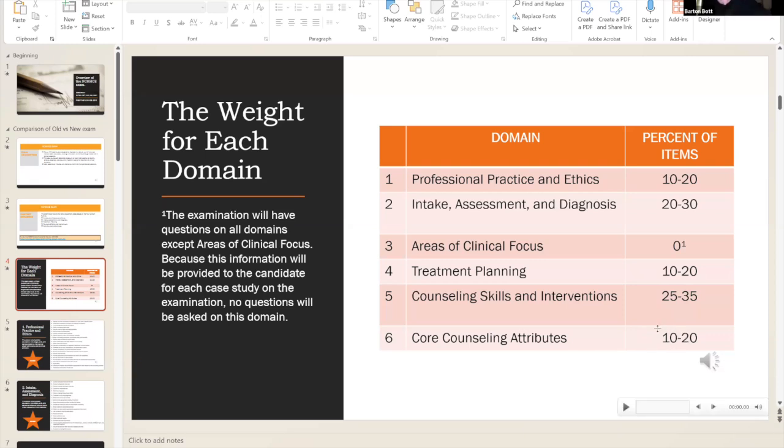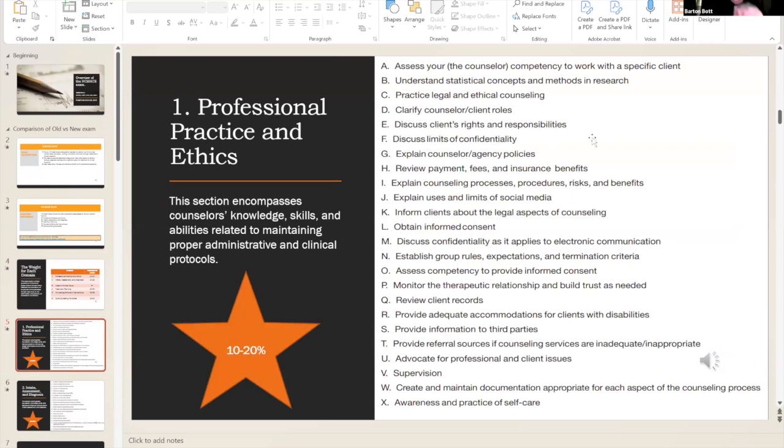The actual level of knowledge requirements associated with each domain are as follows. In domain one, now we're not going to read all of them, but just give you an example. It's professional practice and ethics. What they're looking at is a clinician's ability related to proper admin and clinical protocols as driven and defined by the ACA ethics.